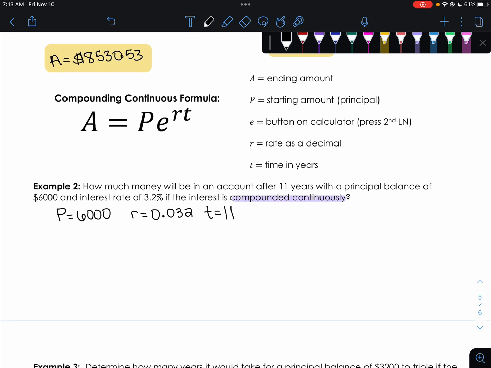So our formula would be A equals 6,000 e to the 0.032 times 11 power. So again, E is a button on the calculator that you would use. I'm typing 6,000 into the calculator, second ln, and my exponent is 0.032 times 11. And so after 11 years of it compounding continuously, I would have about $8,531.45 in the account.